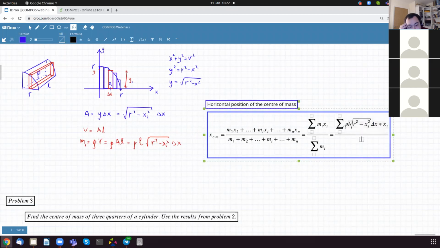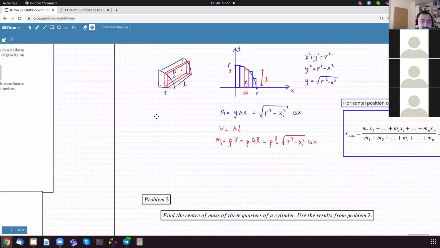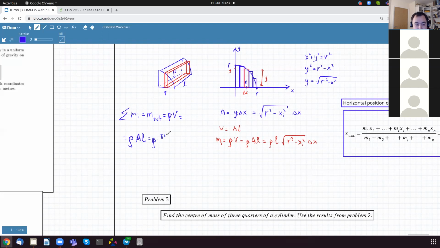Now the bottom part is simply the sum of masses, but that's quite easy to find because we know the shape. The shape is a cylinder. So the sum of Mi is simply the total mass. And we know the mass is density times volume. The volume is area times length. So it's density times pi r squared over 4 times length.